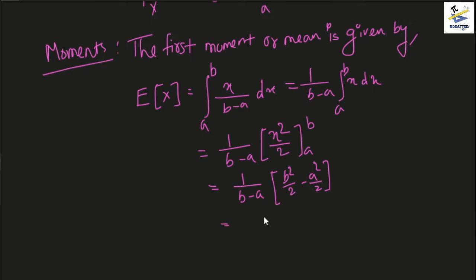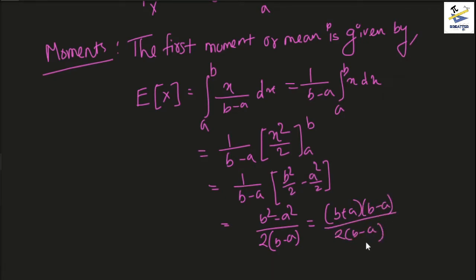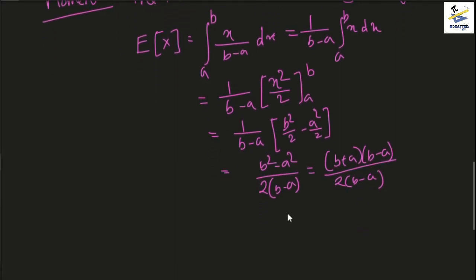Now simplifying this is not very hard because it is just (b square minus a square) by 2 into 1 by (b minus a), and this becomes (b plus a) into (b minus a) divided by 2 times (b minus a), and this becomes (b plus a) by 2.